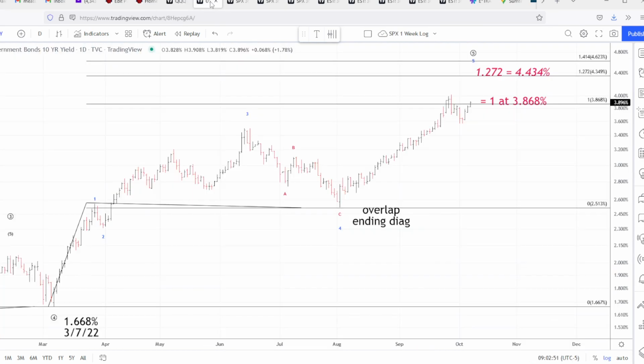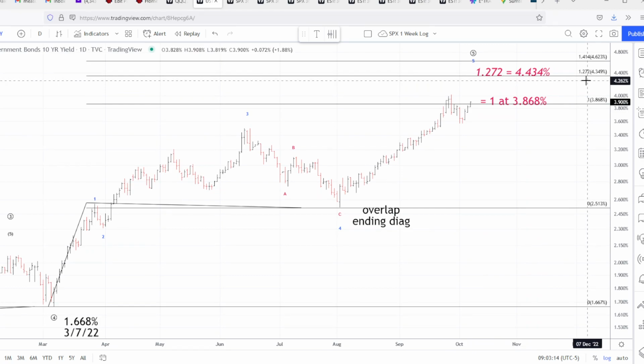Let's check in with the US 10-year from that fourth wave low back in March. Okay, we are looking at a 1, 2, 3, 4 in blue. And you can see the 5 up there. We have targets. We reached the target where 5 equals 1 at 3.868. It went a little bit above it, dropped down. You can see our higher targets there.